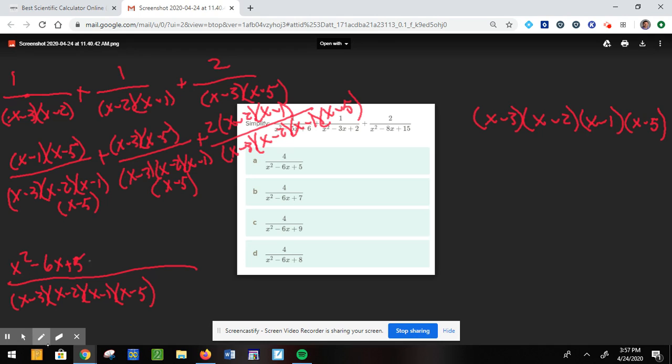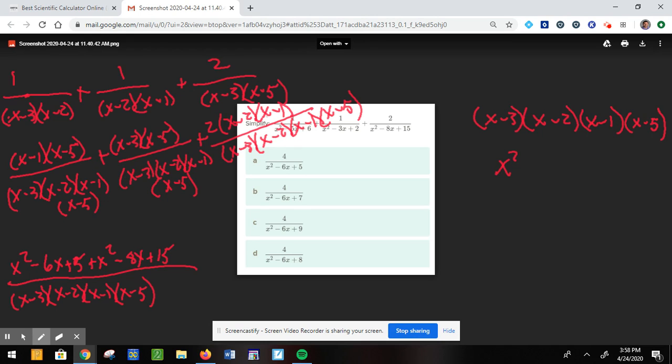Then the second fraction, x minus 3 times x minus 5. X times x is x squared. X times negative 5 is negative 5x, negative 3x, that'd be negative 8x, and then plus 15. And the last one, x times x is x squared. X times negative 1 is negative x.